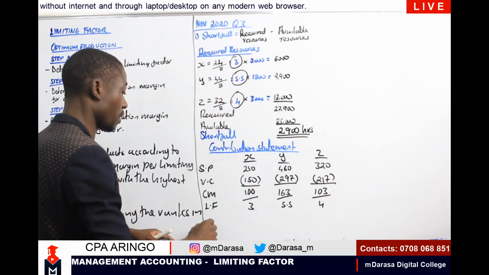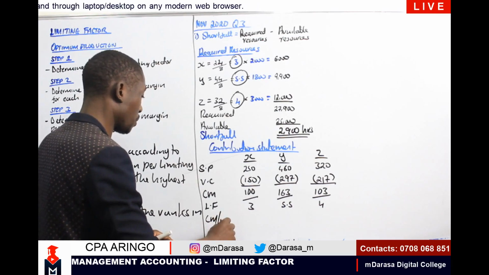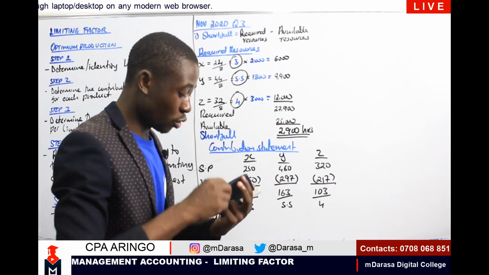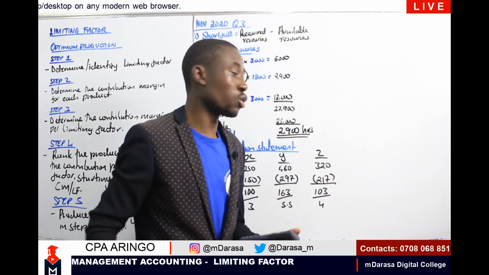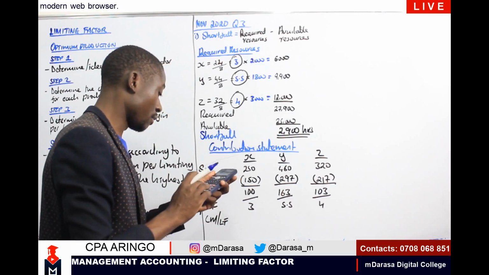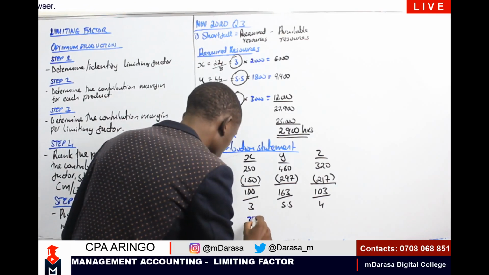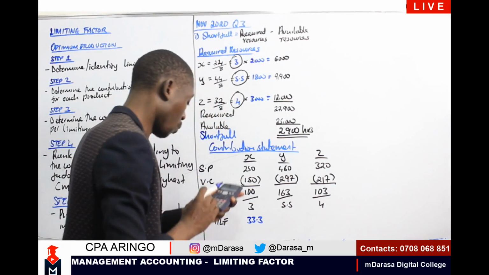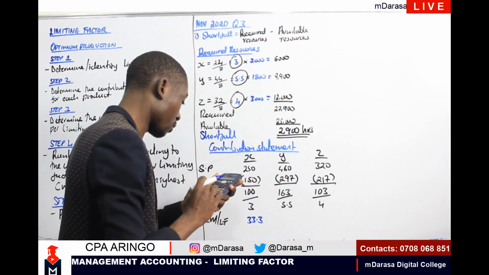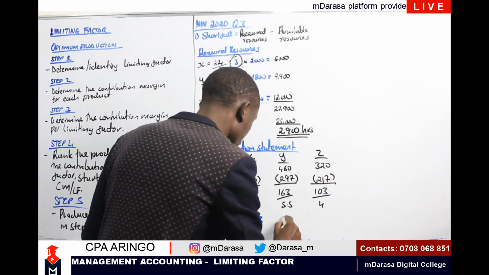So the contribution margin per limiting factor for X is 100 divided by 3, which gives us 33.3. 163 divided by 5.5 gives us 29.6.